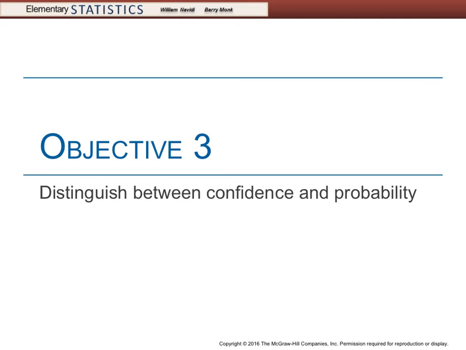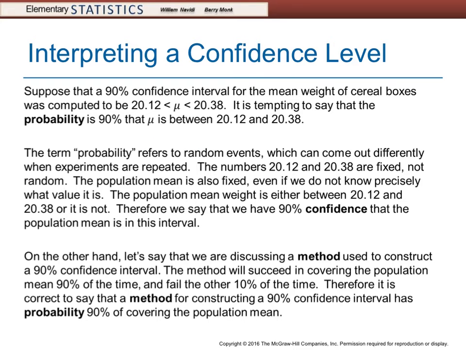Objective 3: distinguish between confidence and probability. Suppose that a 90% confidence interval for the mean weight of cereal boxes in a previous Part 1 example was computed to be between 20.12 ounces and 20.38 ounces. It is tempting to say that the probability is 90% that mu is between 20.12 and 20.38.